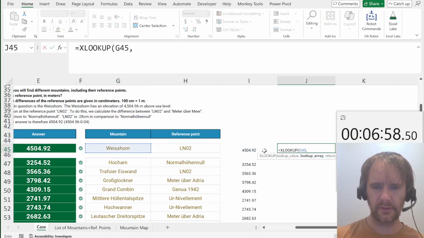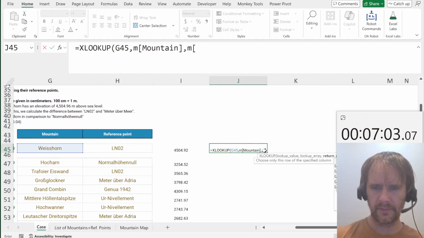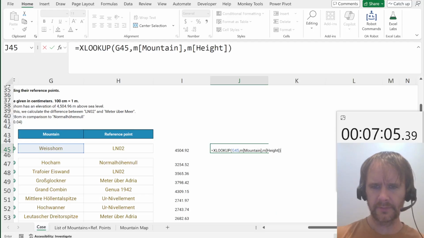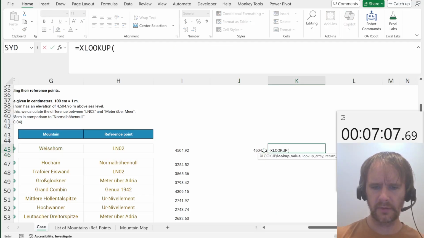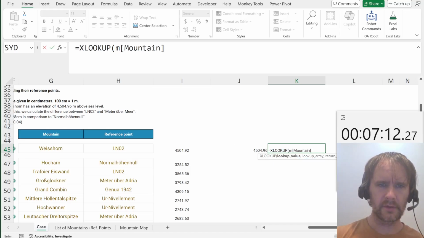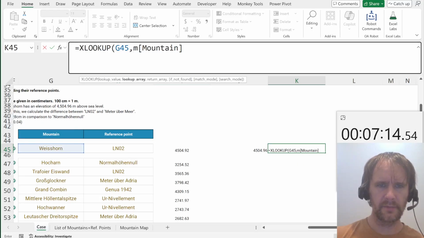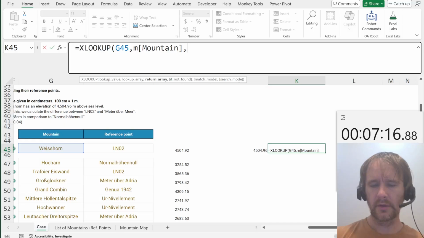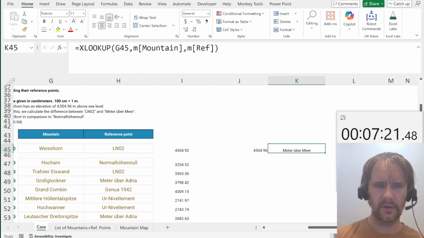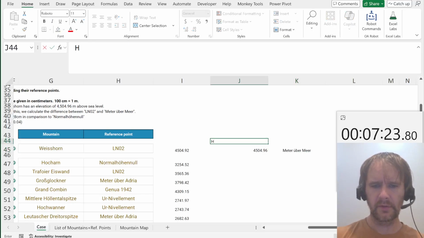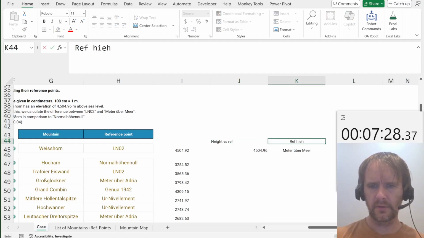So we'll XLOOKUP this in M mountain, returning from M height. And then we'll XLOOKUP this in M mountain, returning from M ref. And then this is height versus ref height, new ref height.